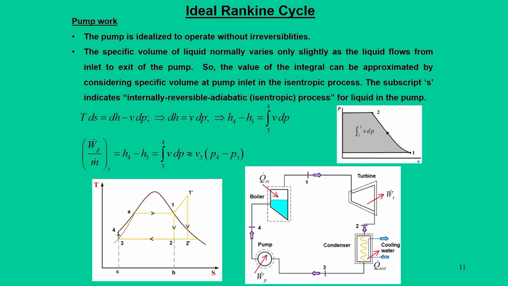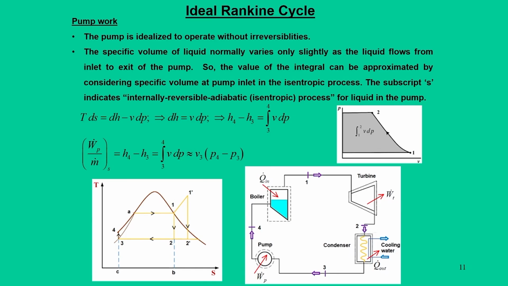The other process of idealization is interpreted in terms of pump work. If you recall our thermodynamics viewpoint, we say that the pump is idealized to operate without any irreversibilities, and in fact, when you say pump, it handles liquid, which is in general incompressible.